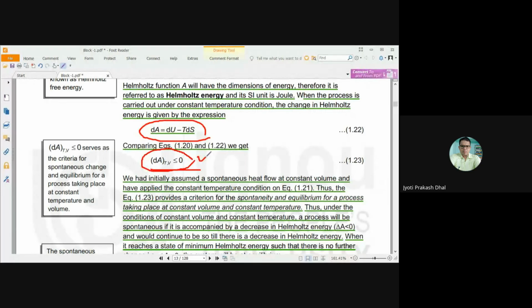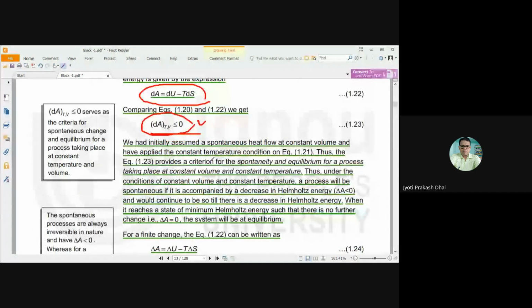So why are we considering constant volume? Because initially we have considered no mechanical work will be there. That means no change in volume. We have initially assumed a spontaneous heat flow at constant volume and have applied at constant temperature condition in equation 21.